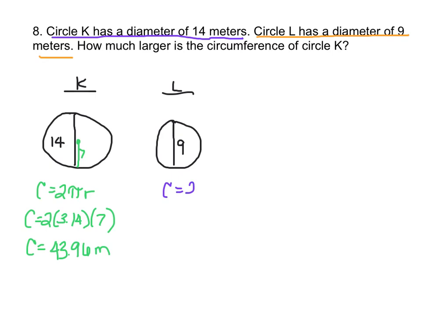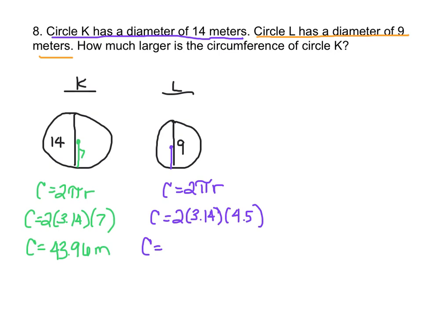Find the circumference of L. Again, C equals 2 pi r. C equals 2 times 3.14. Again, I'm given the diameter, so in order to get the radius, I divide 9 divided by 2, and I get 4.5.